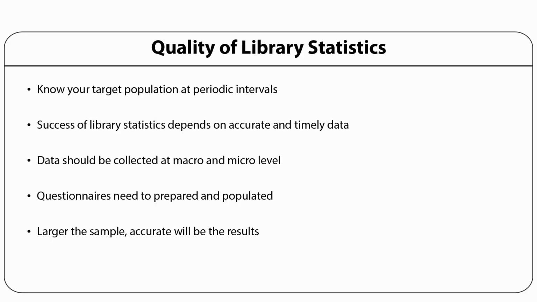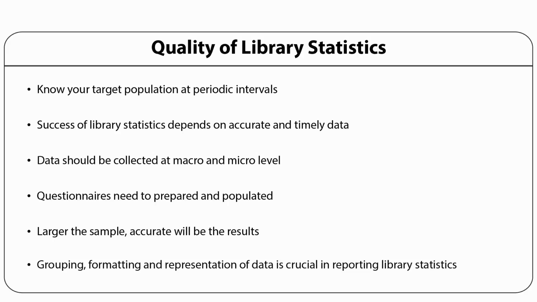Out of these 30 faculty members you have studied 10, and those 10 could be from different streams. Of the 500 students, you have studied only 50, also from different streams. That is the type of sample I am talking about. Normally in statistical terms, 10 to 12% sampling is important to get a quality result.